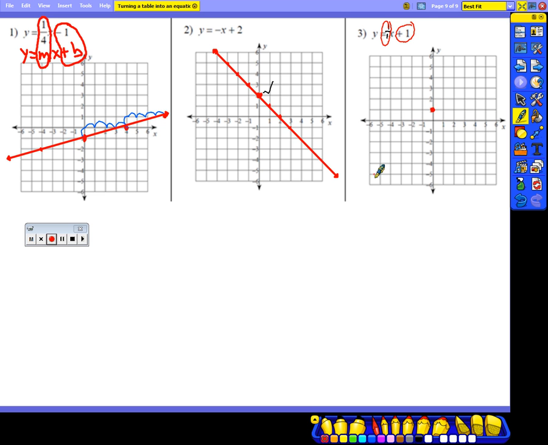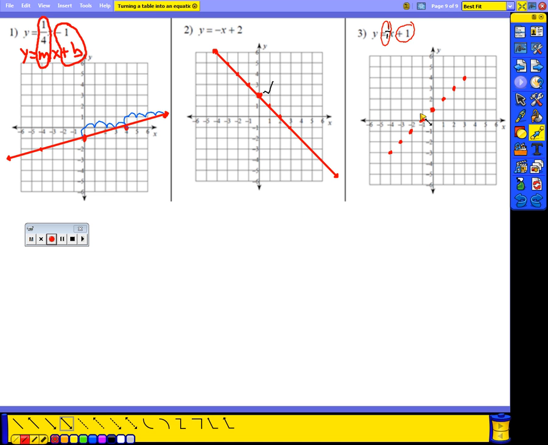So that means my line should be heading upward, right? So I'm going to rise 1, run 1. Alright, you get it. It's kind of hard to say, again. So I'm going to create some more of these points, and then I'm going to connect them. You would connect them on your paper with a ruler.